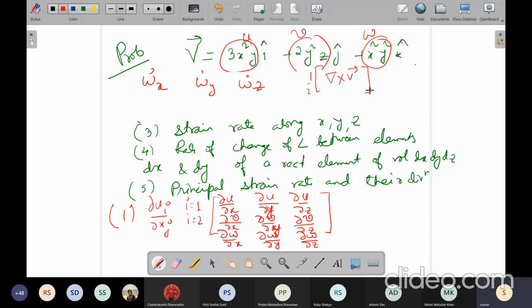Then the rate of strains along x, y, and z are these ones.